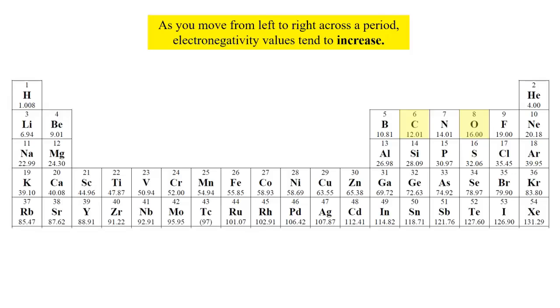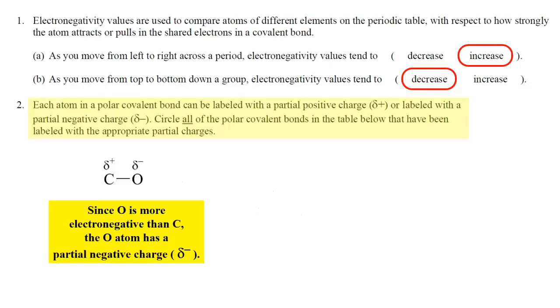And as you move from left to right across a period, electronegativity values tend to increase. So this means that oxygen, which is further to the right, is more electronegative than carbon. Now, since oxygen is more electronegative than carbon, the oxygen atom should have a partial negative charge. So this particular bond has been labeled correctly with the appropriate partial charges.